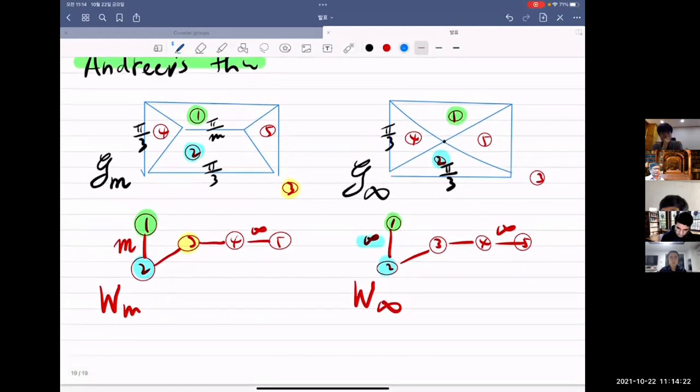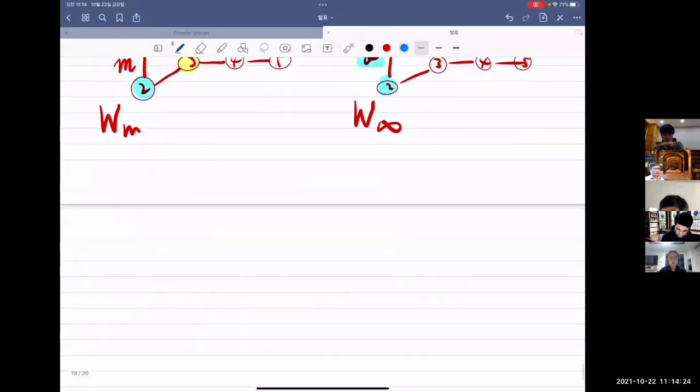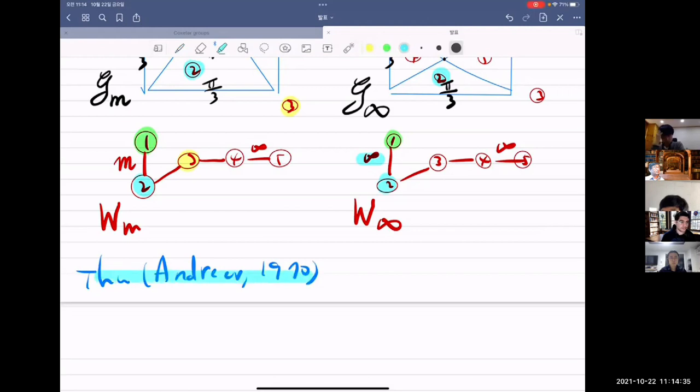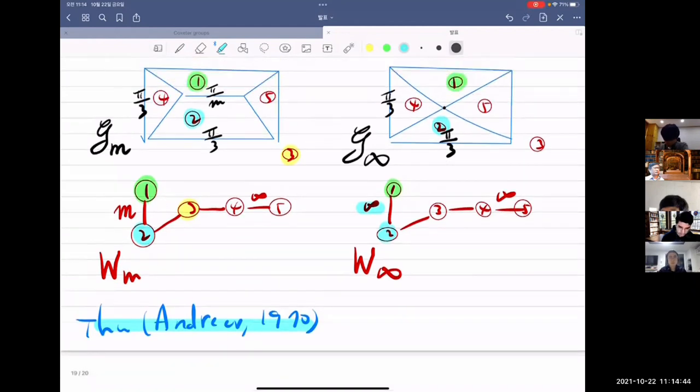So then the Andreev theorem is the following. Once again, I want to mention that the Andreev theorem is really a general theorem for hyperbolic three-dimensional polytopes, but this is just an example, okay?